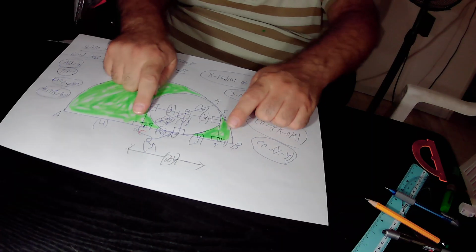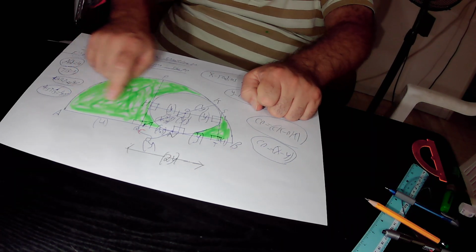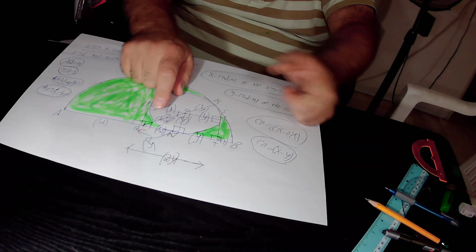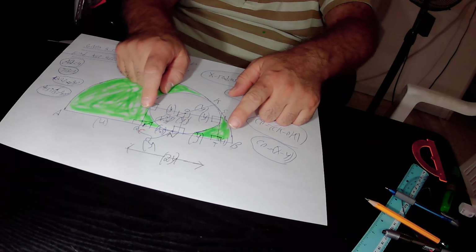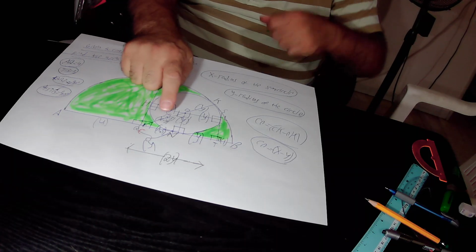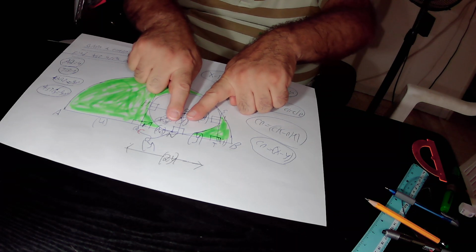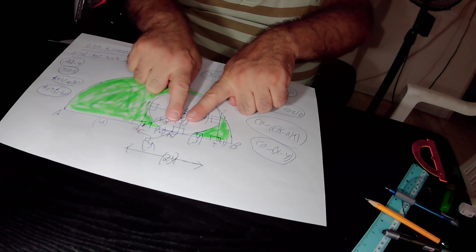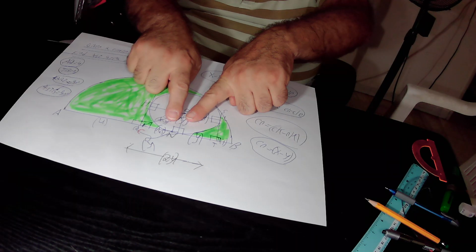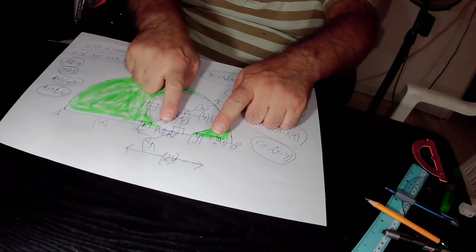The reason that QT is a straight line is because it is part of the diameter AB, that is a straight line. Part of a straight line must also be a straight line. Another reason why QT is a straight line is because this angle QNT is equal to 180 degrees in its size, and we know that any angle that is equal to 180 degrees in its size must be a straight line. So QT equals y plus y, that is 2y.